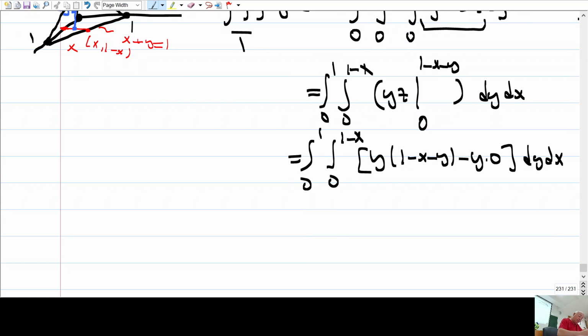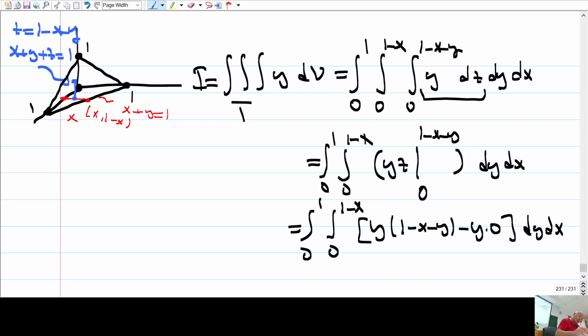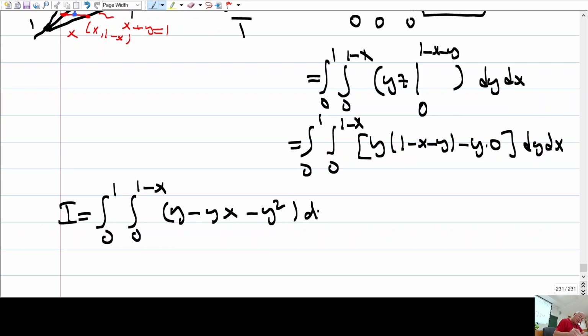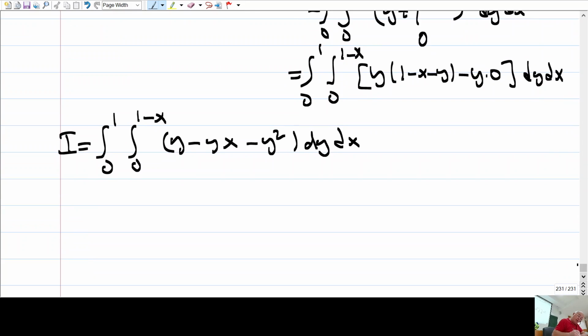So let me call this integral I. So we have I equal to the integral from 0 to 1, and 0 to 1 minus x. What is this? This is just y minus y times x minus y squared, and then dy and dx. Now I integrate with respect to y. So the integral of y is just y squared over 2.